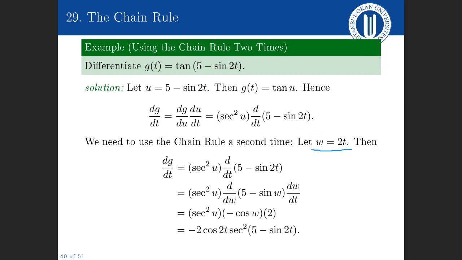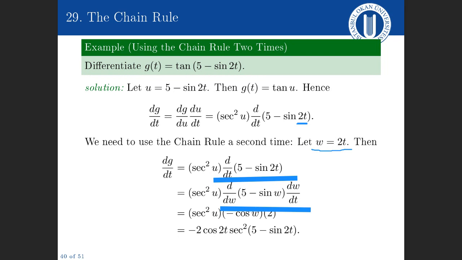I'm looking at my derivative and I see there's a 2t just here. So I'm going to let W be equal to 2t. And I'm doing that so that d dt of 5 minus sine 2t, or d dt of 5 minus sine w, by the chain rule is the same as d dw of 5 minus sine w times dw dt.